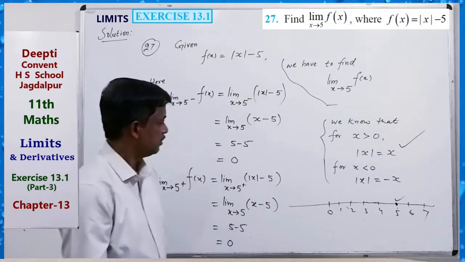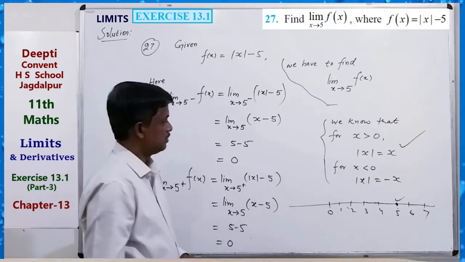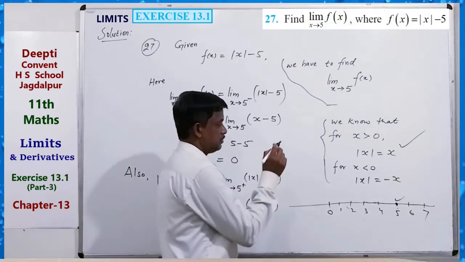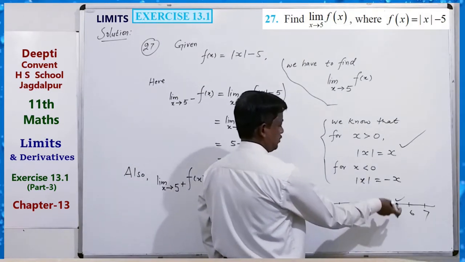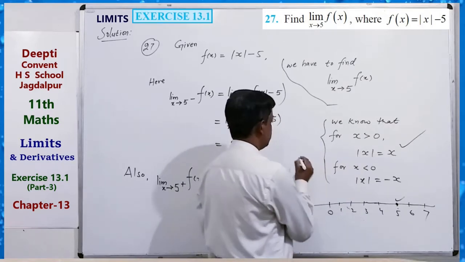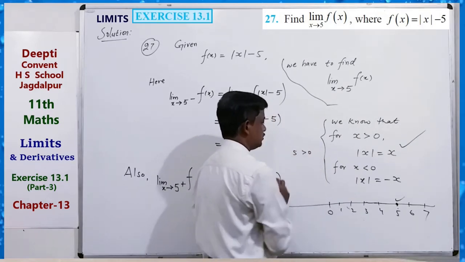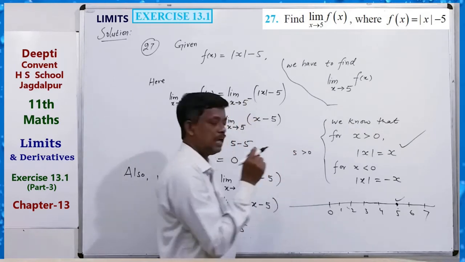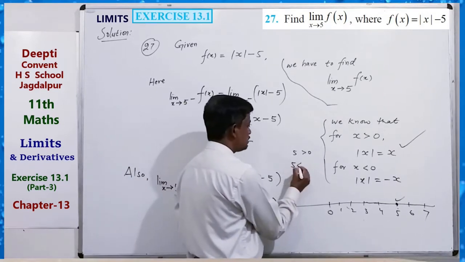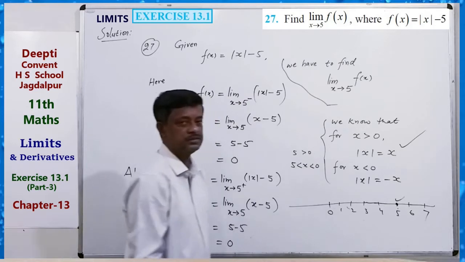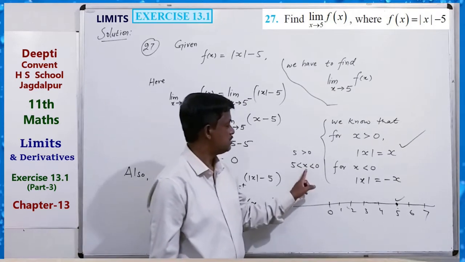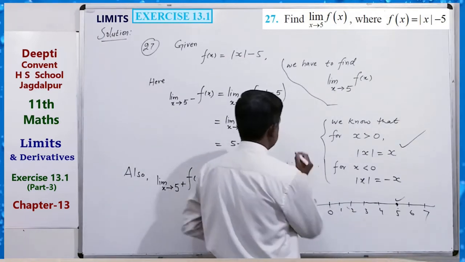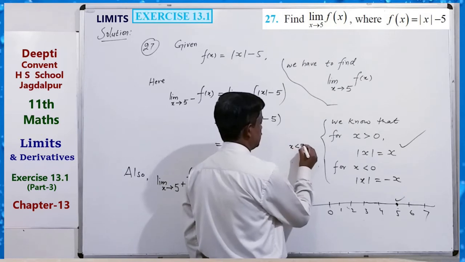Okay, you can give the logic here, because 5 is greater than 0, and x is on the left side of 5.